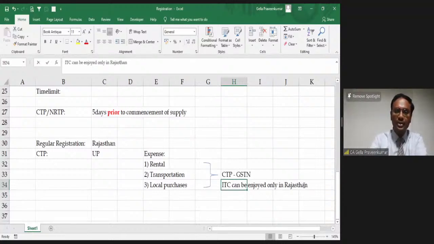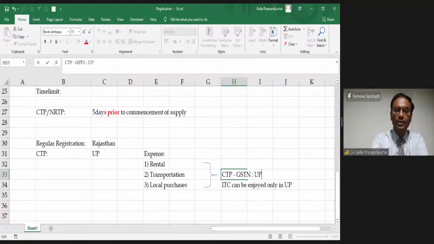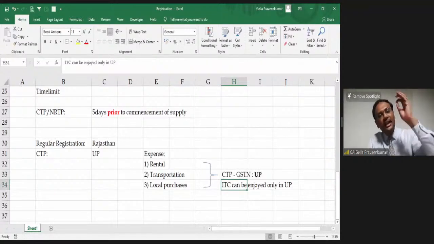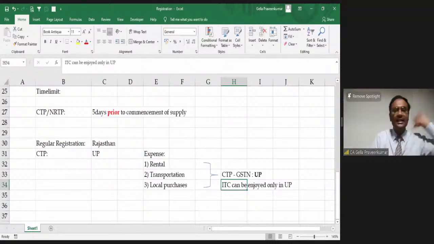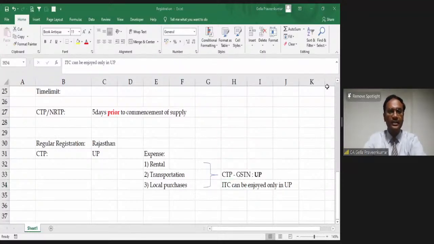The benefit can be enjoyed only in Uttar Pradesh. My CTP GSTN is allocated in the state of UP. So whatever ITC I want to enjoy, the entire input tax credit I can enjoy only in Uttar Pradesh. This benefit shall not flow back to my Rajasthan. Clear? I have registered in Uttar Pradesh as a casual taxable person. At the time of registration, I have paid advance tax. Whatever tax I want to enjoy, I can offset that particular tax only in the state of Uttar Pradesh. So this is your point.